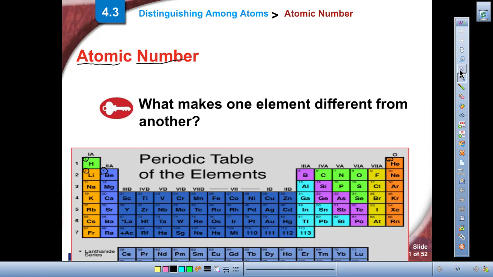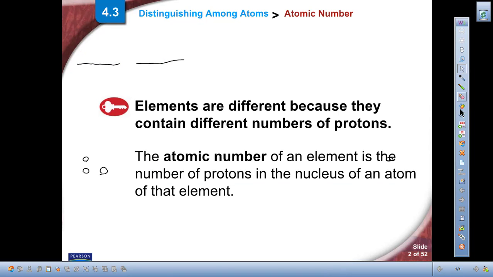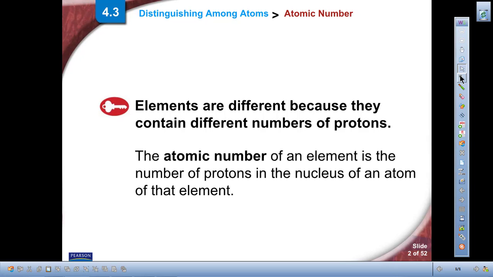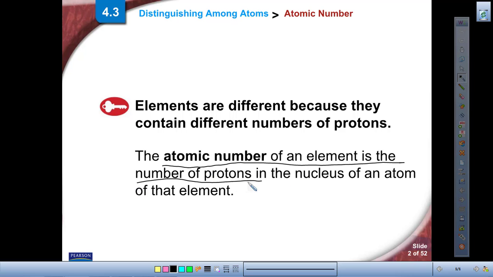And the atomic number is the number of protons. It is what makes the atom the atom. If I change an atom's protons, I change what that element is. So elements are different because they have a different number of protons.